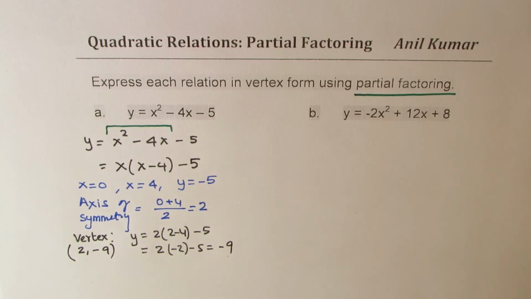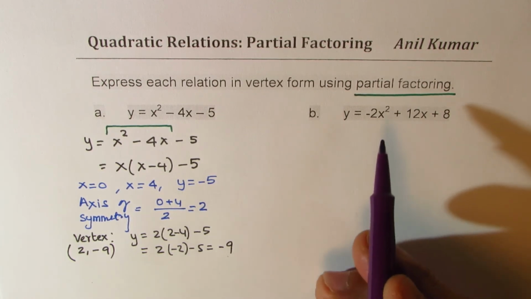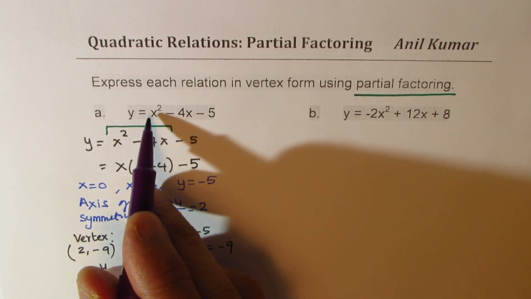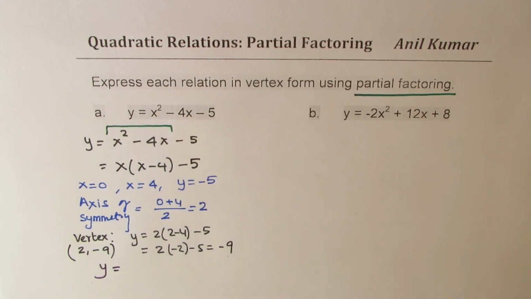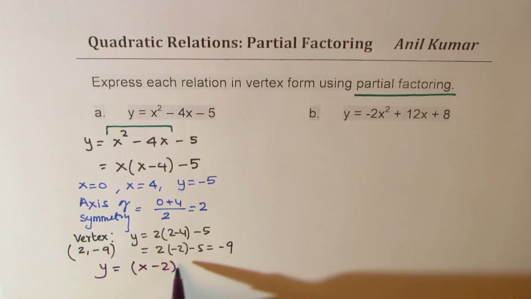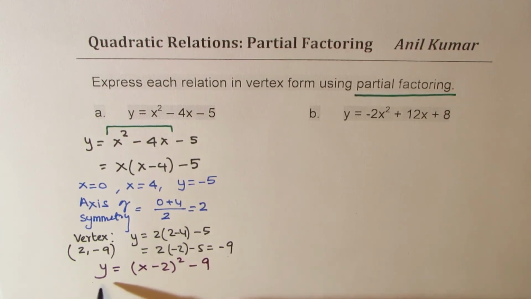Perfect. So that gives you the equation in vertex form, which is y equals a, where a is 1 here, it remains 1. It is the same in both standard and vertex form. And we get y equals (x minus 2) whole squared minus 9 as the equation in vertex form.